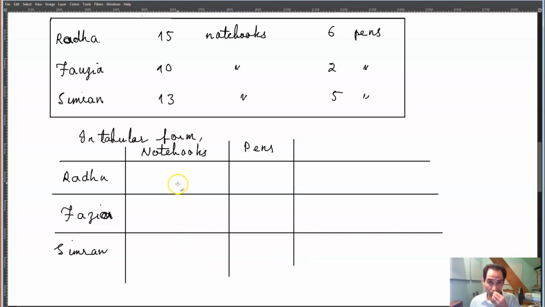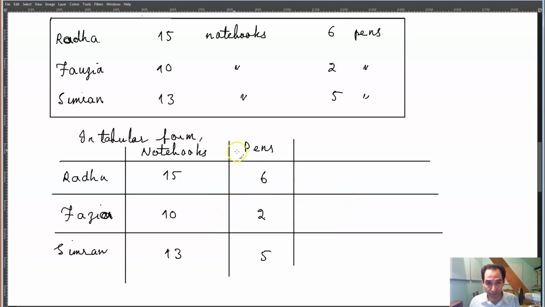And so I know that, for example, Radha has 15 notebooks, Radha has 6 pens, Fazia has 10 notebooks and 2 pens, Simran has 13 notebooks and also 5 pens. Right?